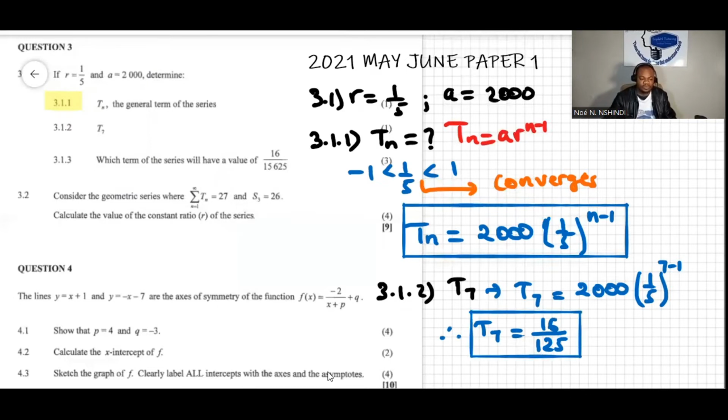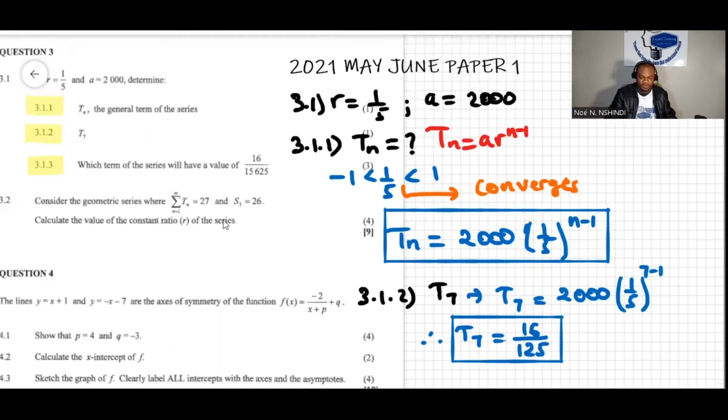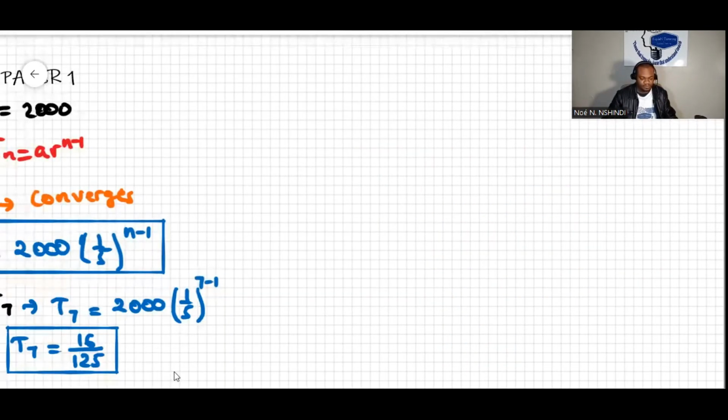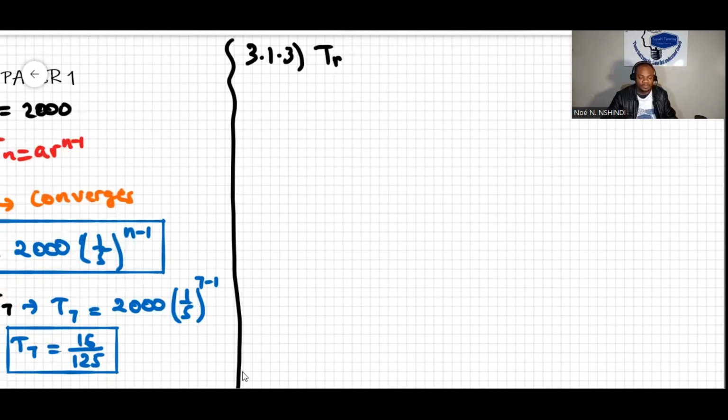That was 3.1.2. Now we're going to do 3.1.3. The question says, which term of the series will have a value of 16/15,625? So we're looking for a term Tn which will have a value of 16/15,625.